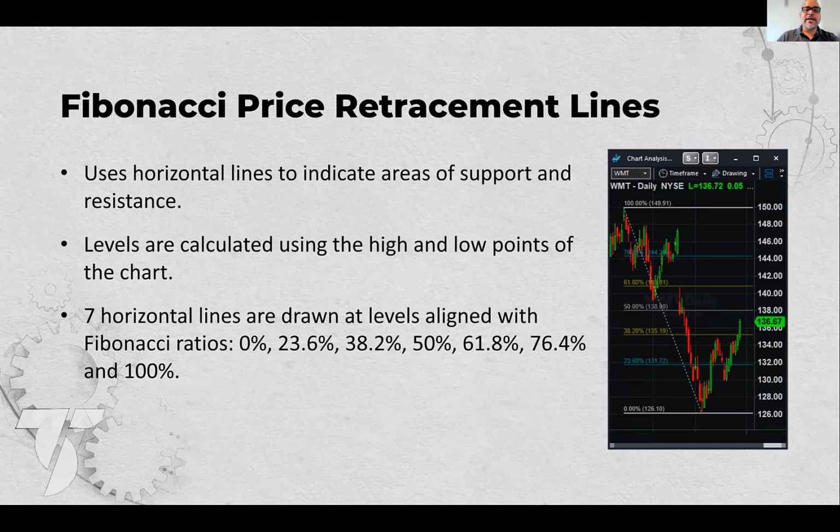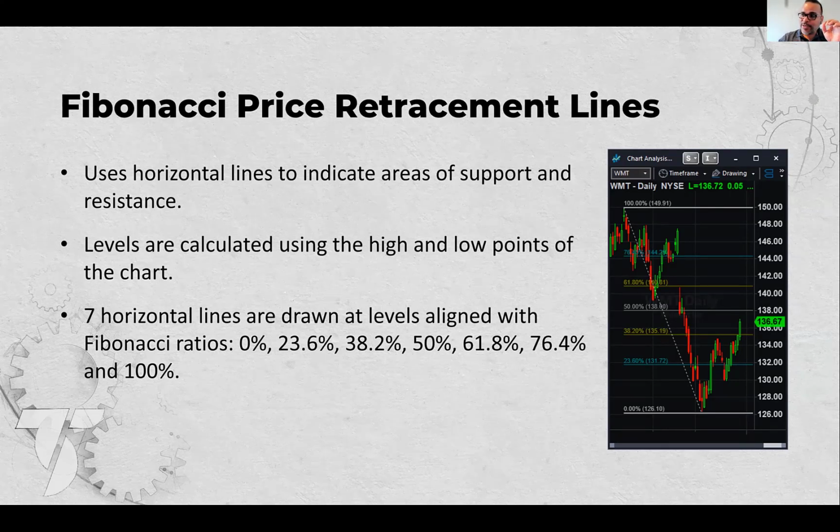Seven horizontal lines are drawn at levels aligned with the Fibonacci ratios, starting at 0%, 23.6, 38.2, and 61.8. Let me just skip a few here. So we have the 23, the 38, and the 61. These three percentages are the same ones that we saw when we were using the calculator at the beginning of the presentation.